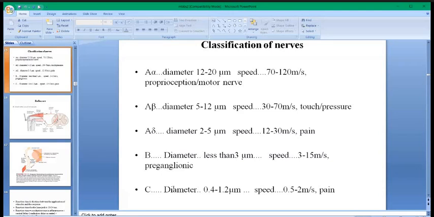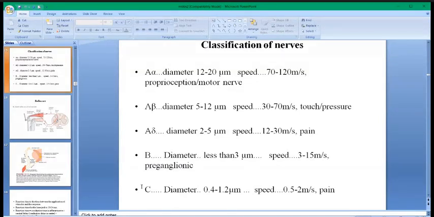And C fiber is for carrying the bad pain or slow pain, which is tremendous pain but unlocalized pain. The person will tell that it is paining, but cannot show the exact point from where the pain is coming, and that is called C fiber. It has no myelin sheath.